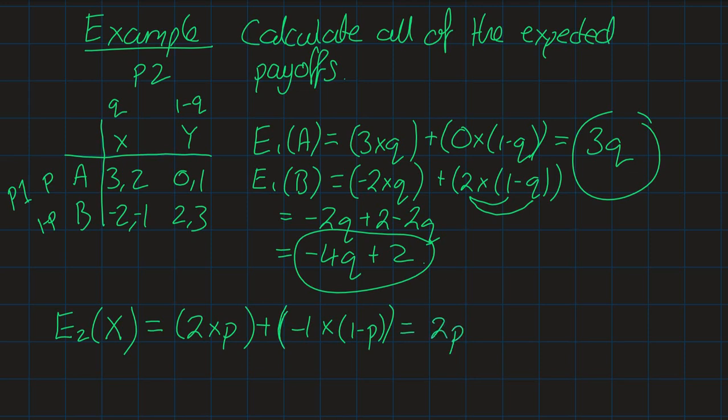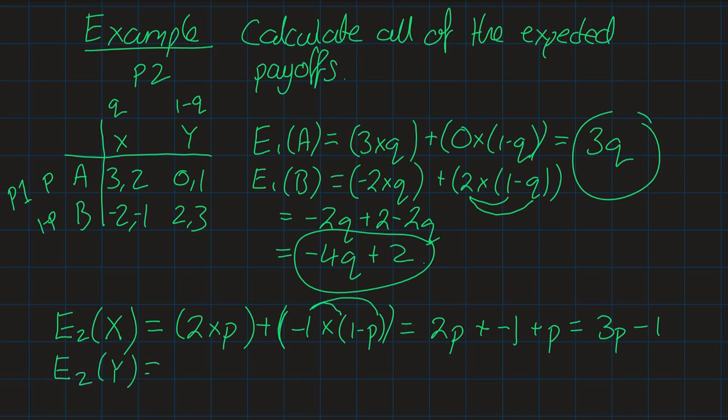This is 2P, and then I need to distribute this, so it's minus 1 times 1 plus minus 1 times minus P. Algebra is difficult. That's minus 1 plus P. So it's 3P minus 1, like that.